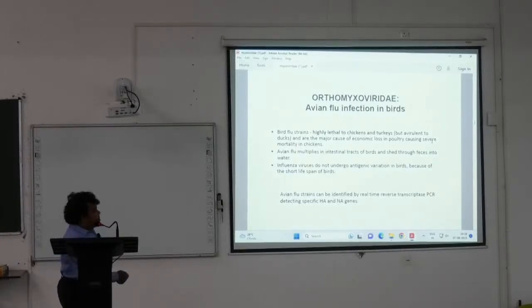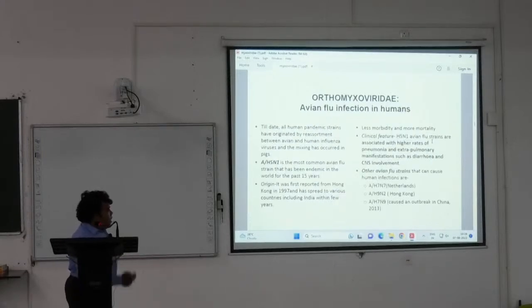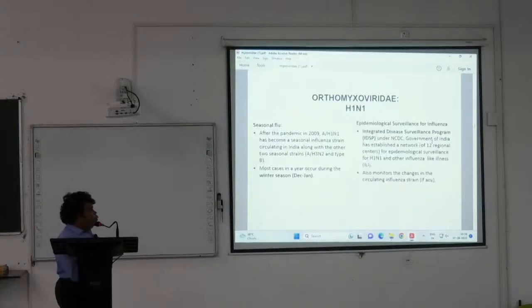They are lethal to chickens and turkeys but not to ducks. H5N1 is the currently circulating strain, with others like H7N7 and H9N2. Human infection is caused more commonly by H1N1. This is responsible for the seasonal flu occurring predominantly in December to January after the monsoons.